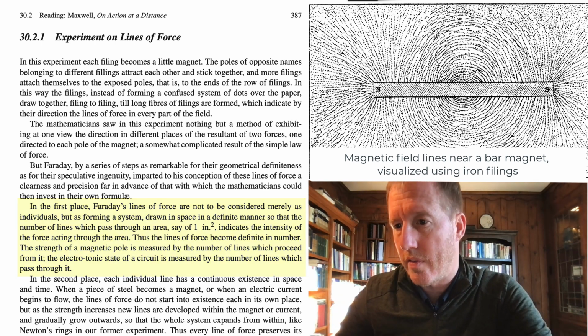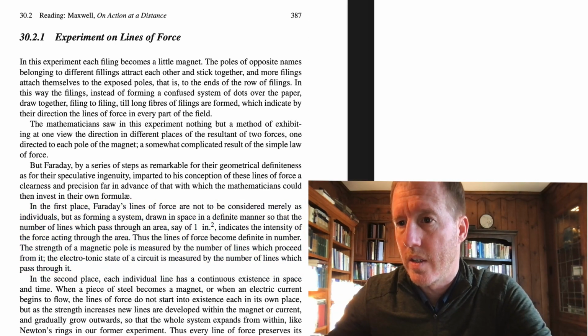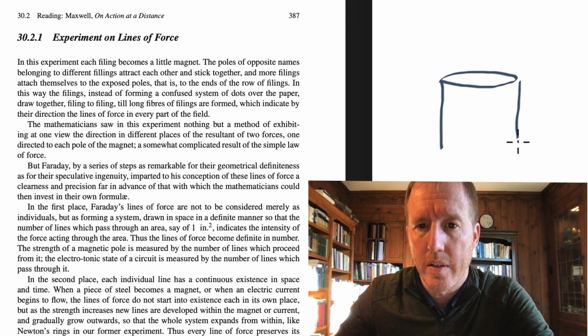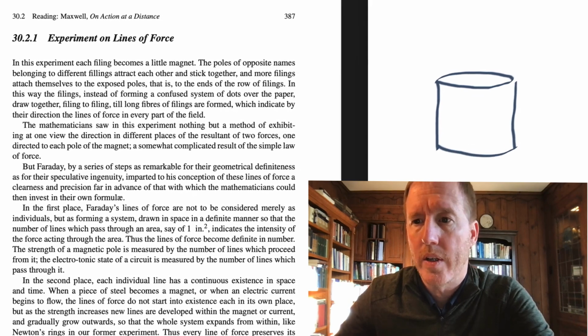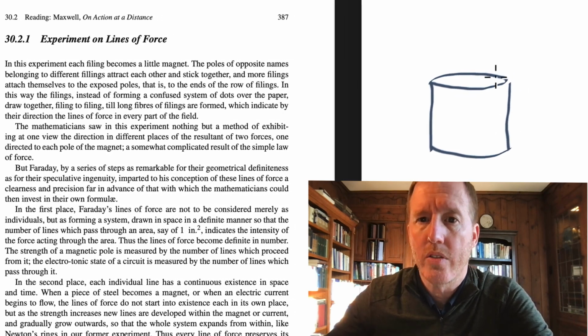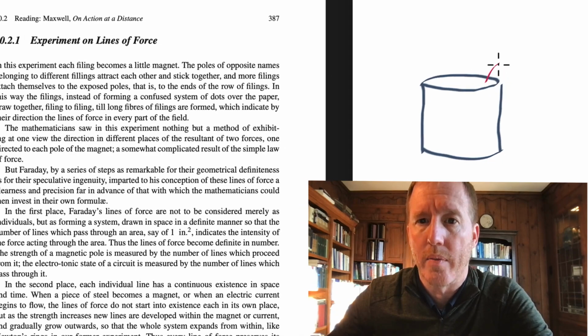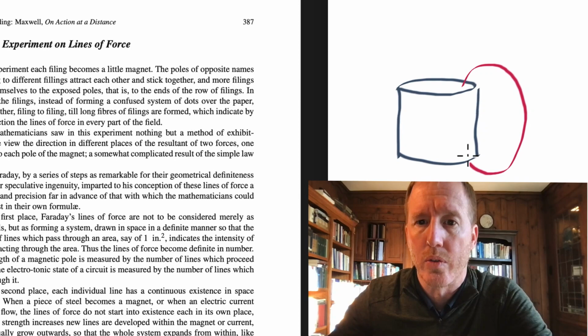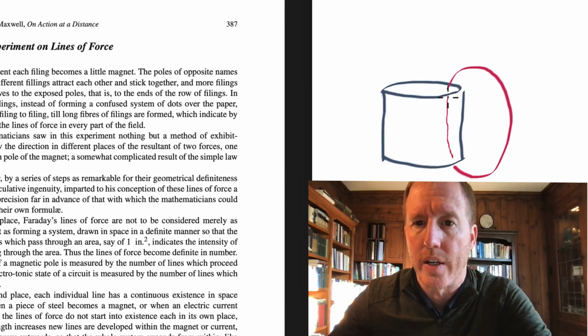So the way that Faraday is thinking about this is, if you have a bar magnet, let's say like this, one can draw these lines of force. And as we mentioned earlier in the class, these lines of force form closed loops. I'll continue them inside of the magnet like this.